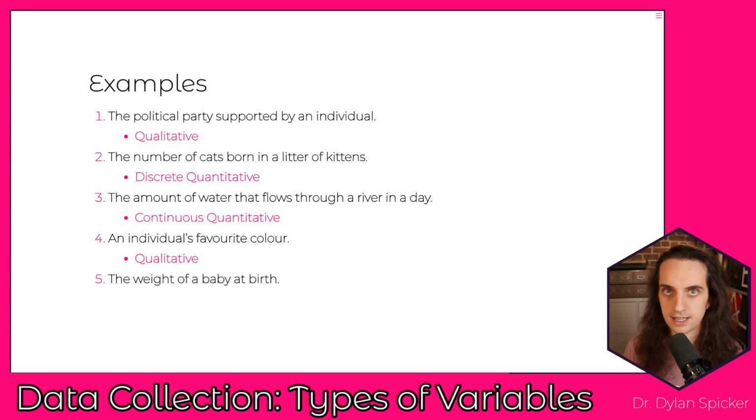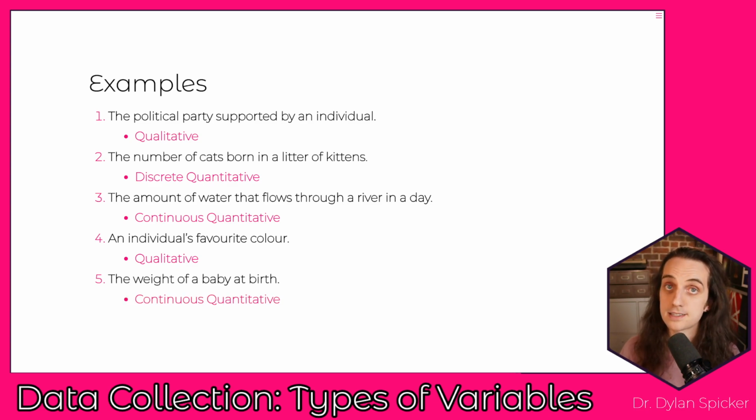So maybe they're 3,000 grams or 3,001 grams or so forth, you might think about that as being discrete. But I think normally the way we're going to think about this is the baby's going to be anywhere between 0 and 10 kilograms, right? That's probably too wide of a range, but you can take a wider range than you actually need here. And because of that, you can then sort of think about it as being any number in that range, right? And so in that way, we could think about this as being continuous.